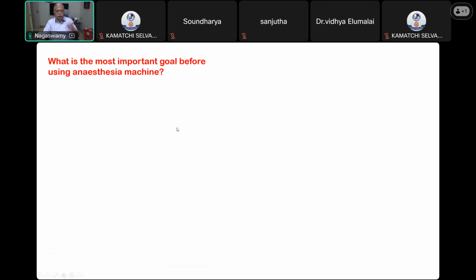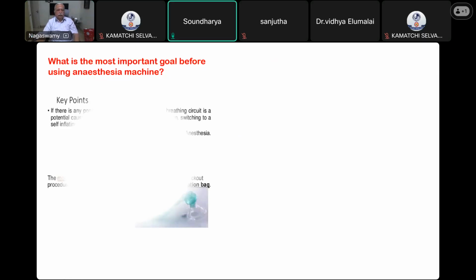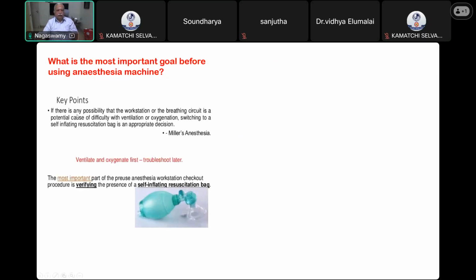So what is the most important precaution you have to take before using an anesthesia machine? To keep an ambu bag ready. Excellent, very good. So the key point is that there is any possibility that the workstation or the breathing circuit is a potential cause of difficulty with ventilation or oxygenation.